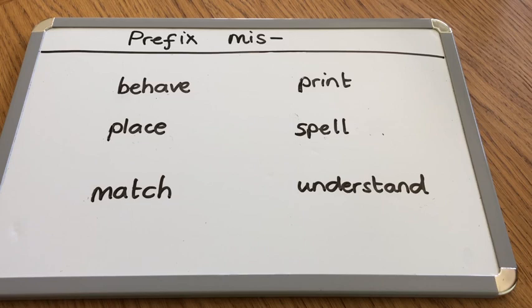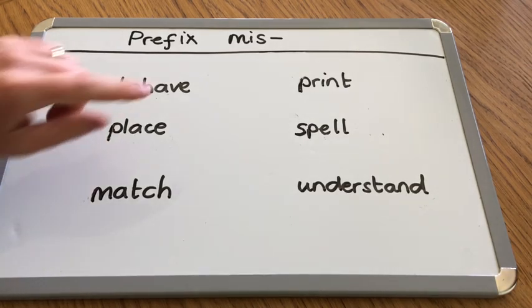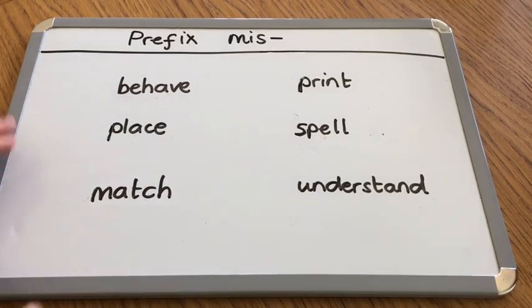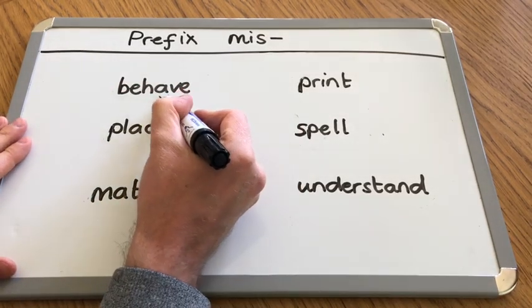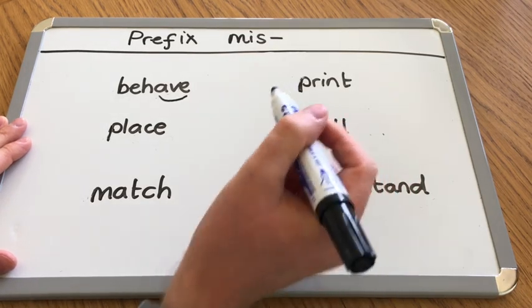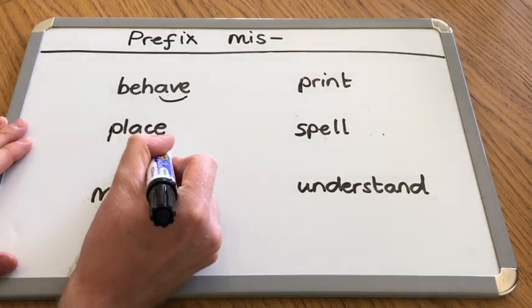Right, so now we have 6 words that will help us practice this prefix miss. Let's check what they are first. Behave, place, match, print, spell, and understand. In this word behave, we have the A split A grapheme. I'm sure you noticed it. It also happens in another word. This one.